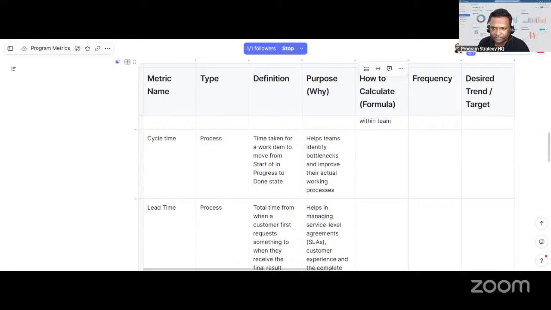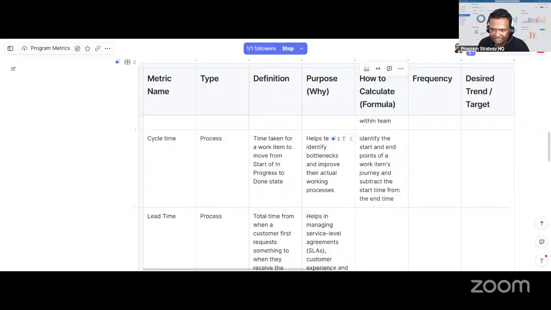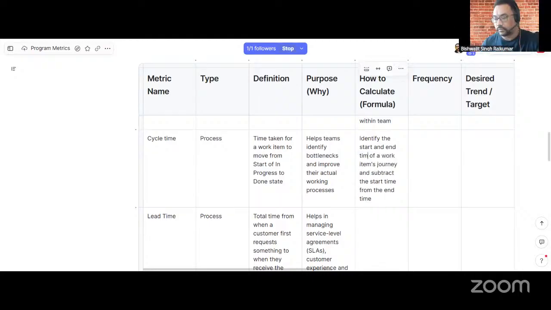I'll put that. Identify the start and end points. What do you think? Is it good to put it date-wise, or what if you consider an hour basis? Hour basis would be much more ideal. Yeah, I think that would be more relevant. Identify the start and end time, we'll say, of a work item's journey.